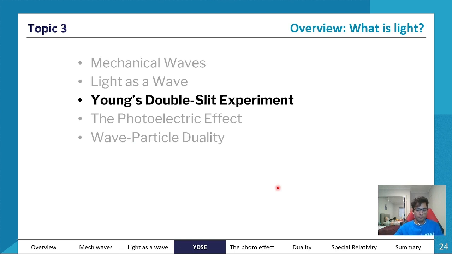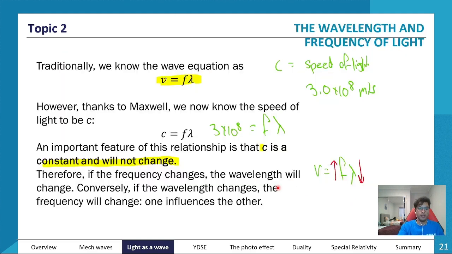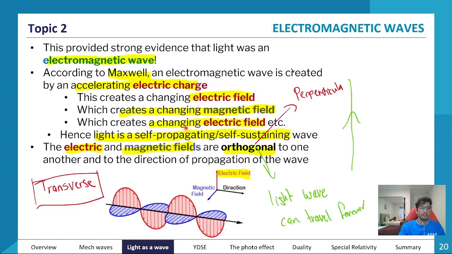Cool. So here's the thing. Maxwell proposed this idea that light is actually a wave, and assuming that light is a wave, we can apply these wave equations. But there wasn't any conclusive evidence that light is a wave.